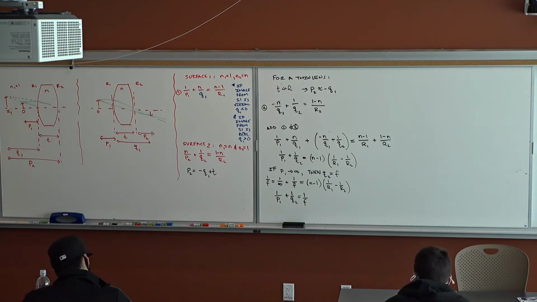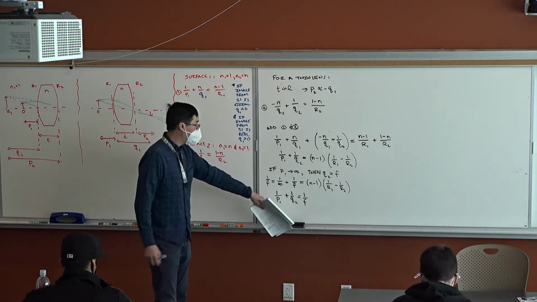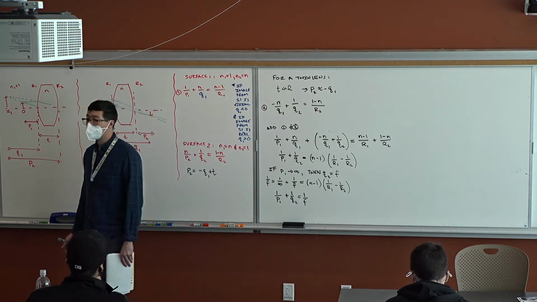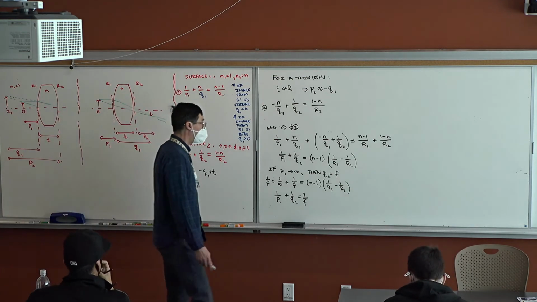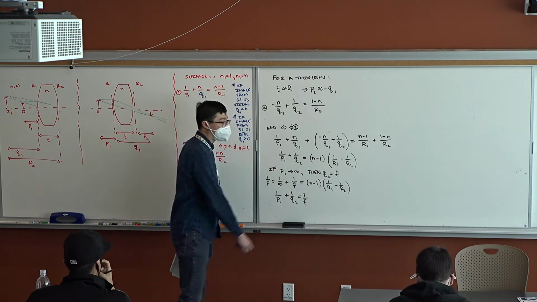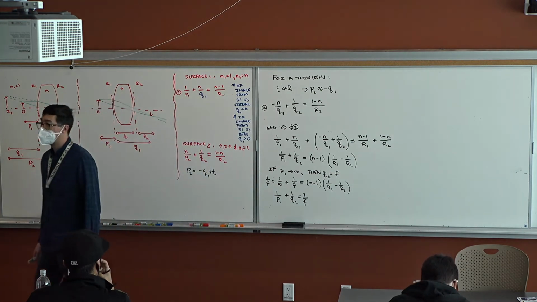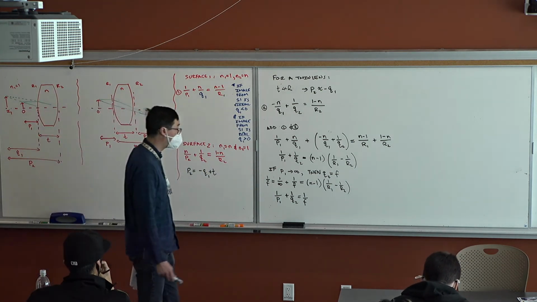So we can drop subscripts here, right? If you put the object in front of the front side of this lens, you're going to get an ultimate image from the second surface.